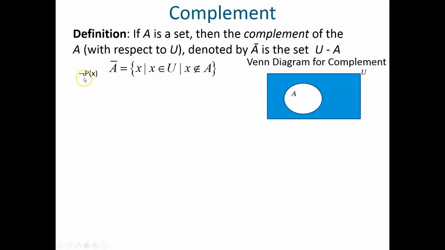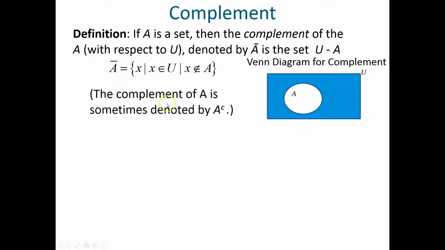This is kind of like not P of X, where P of X is any element in set A. In some books, you may see a complement of A with this symbol. But in this class, we can use this symbol.